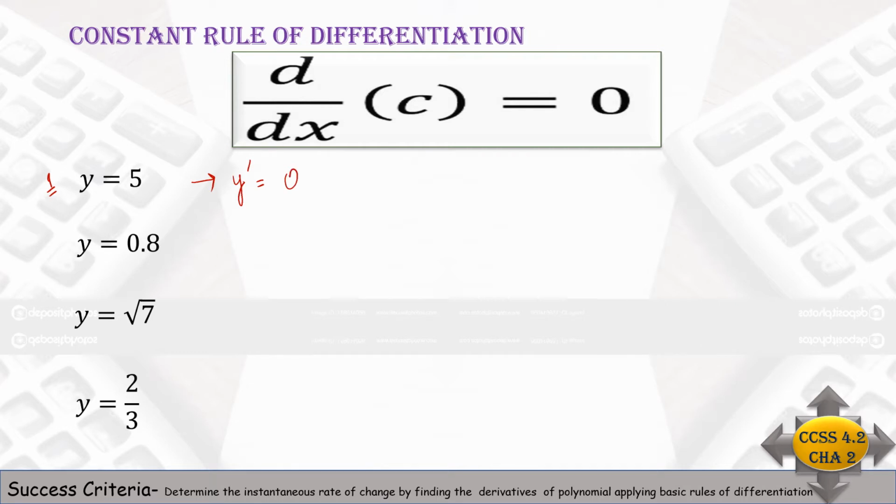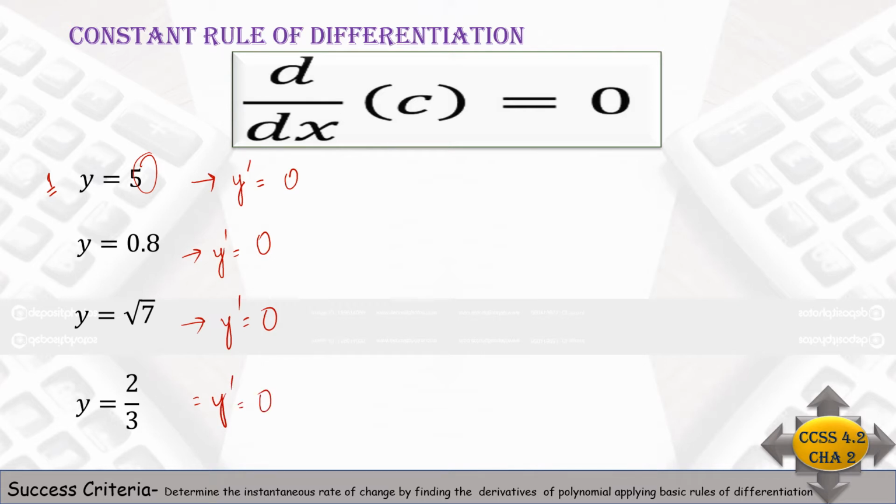Why is it 0? Because 5 is a constant. Similarly, the derivative of 0.8 is also 0. The derivative of square root of 7 is also 0. The derivative of the fraction 2 by 3 is also 0.